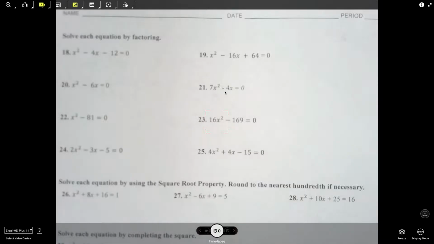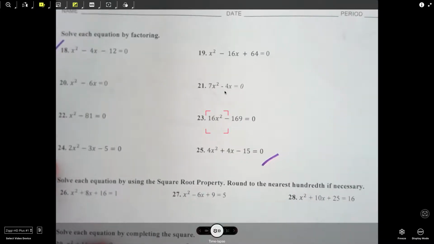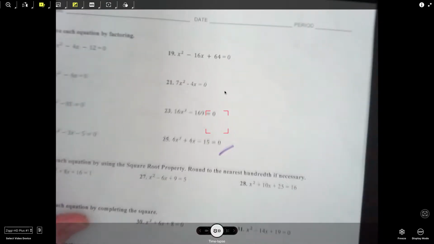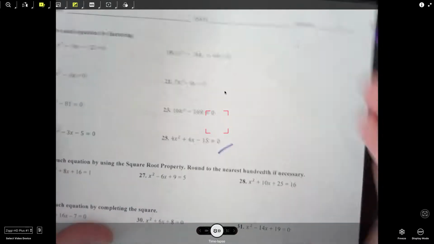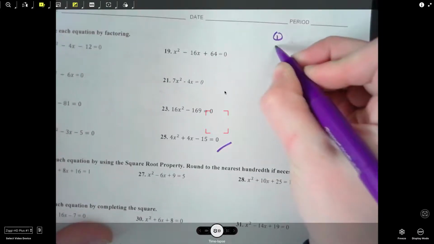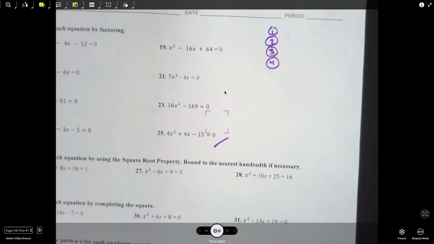Okay. 18 through 25 is another section by itself. You're factoring. So there are 4 ways of factoring. I give you 2 of each. On the test, I won't give you that many, but I'll give you 1 of each, probably. What are the ways of factoring?